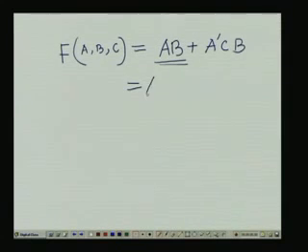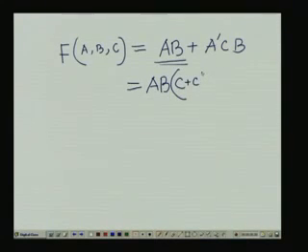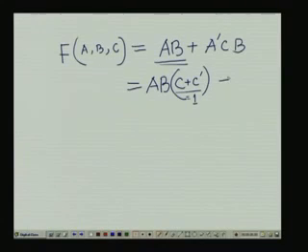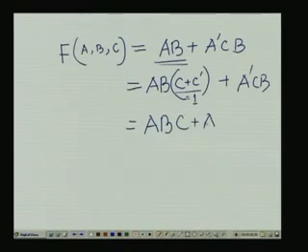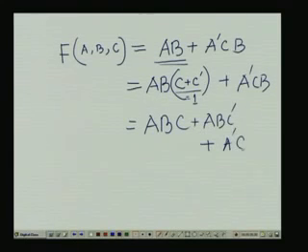So I can easily introduce it, because a b means a b dot 1, and 1 I can always replace by c plus c bar, and the remaining thing is there, a dash c b. So this actually becomes a b c plus a b c bar plus a bar c b.